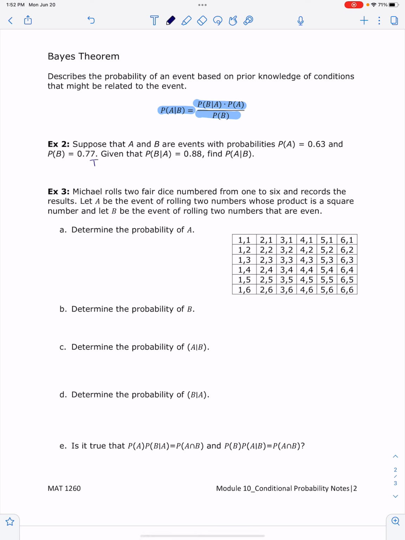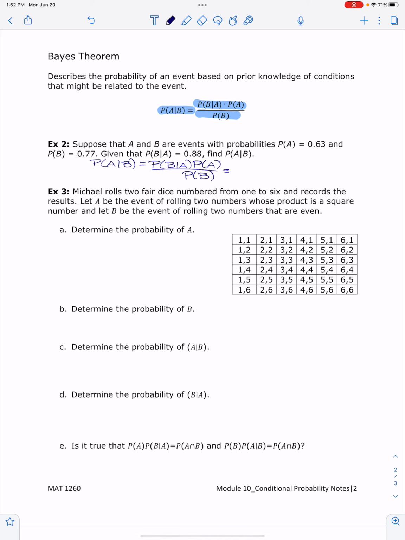So I'm going to write the formula first. We want to find the probability of A given B. That is going to equal the probability of B given A times the probability of A, all over the probability of B. I always remember that on the top it's B given A, and the other probability is the given part.